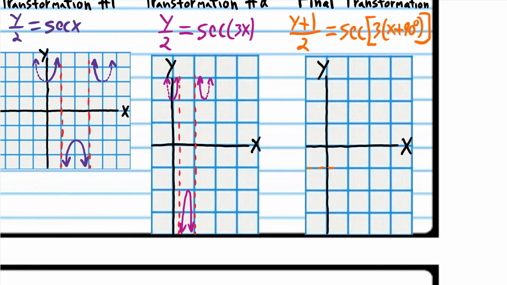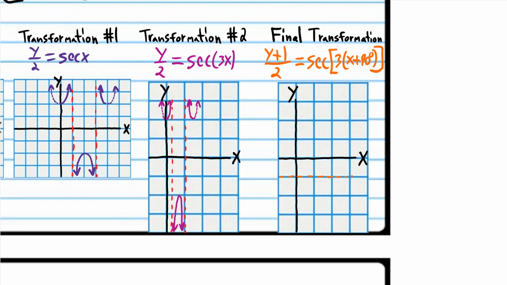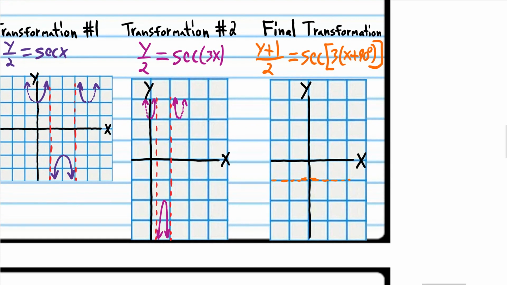So I'm going to draw the midline, and we're going to move everything over 90 degrees to the left. So now we have, maybe I should move this y-axis over a little bit. So moving over everything to the left 90 degrees.